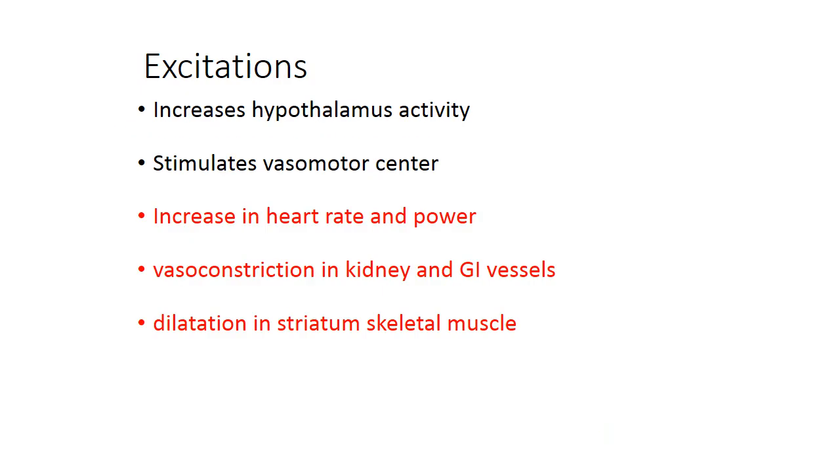In some situations, such as emotions and feelings like excitement, hypothalamus activity is increased. The vasomotor center is activated. Heart rate and power are increased. Vasoconstriction in kidney and GI vessels is seen.